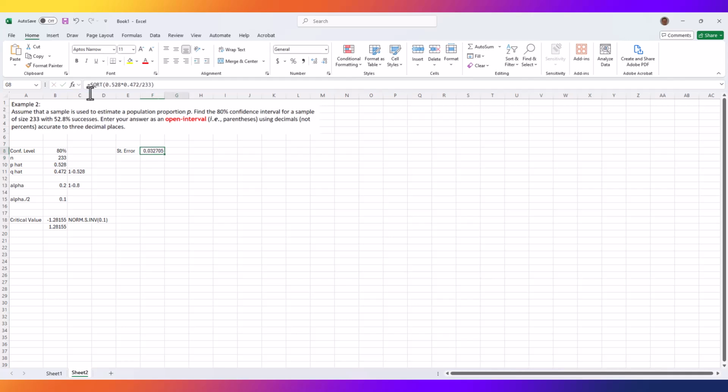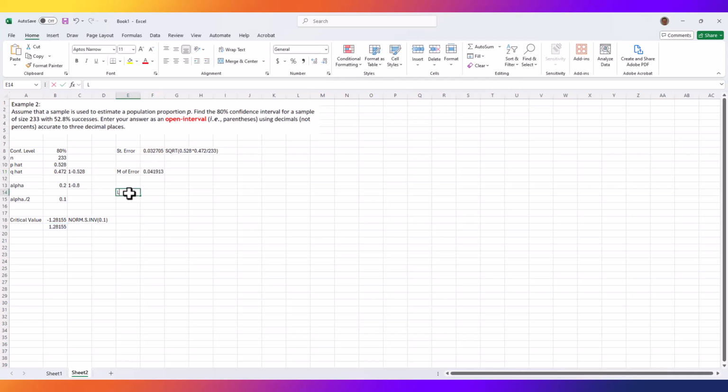I just like to type them in here when I'm doing this, so that you can see where the stuff comes from. So now this is really our E, our margin of error, which maybe makes a little more sense if I write that here. The margin of error is going to be the critical value, Z alpha over 2, multiplied by the standard error.